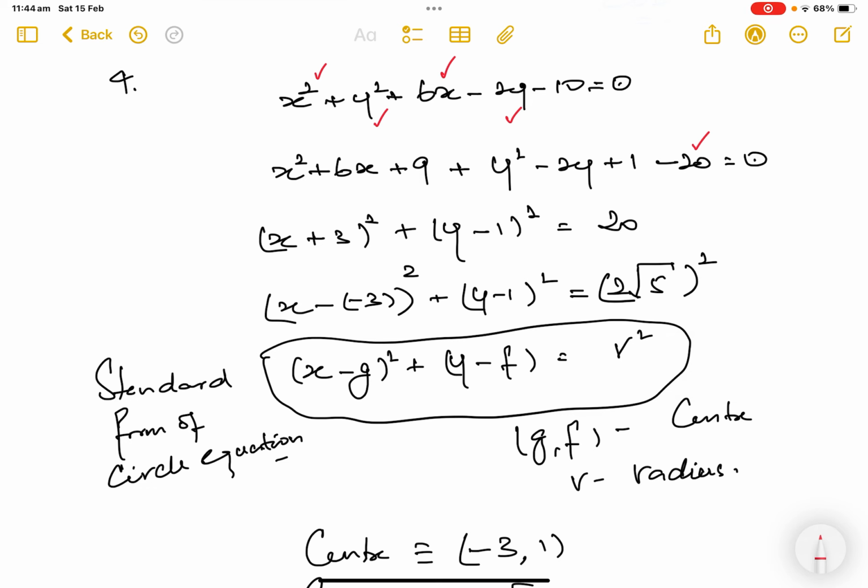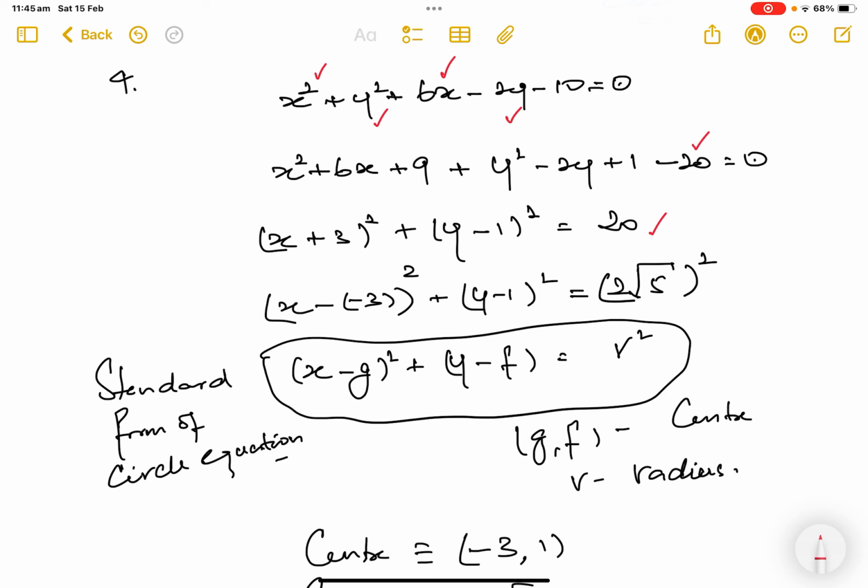Now to form the standard form, (x plus 3) squared plus (y minus 1) squared equals 20. 4 times 5 is 20, so I just put 2 root 5 squared.